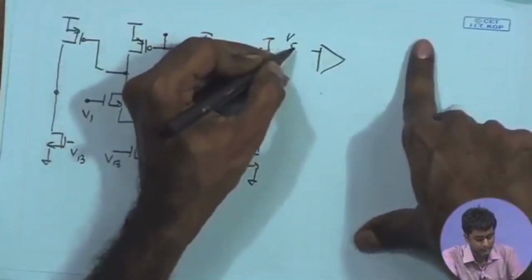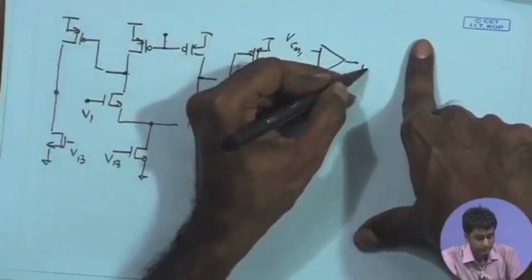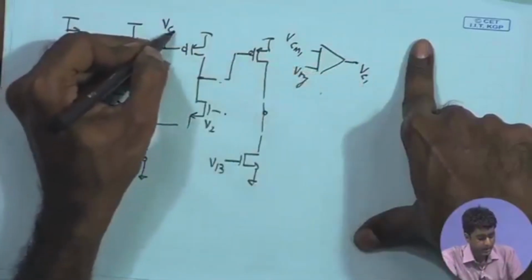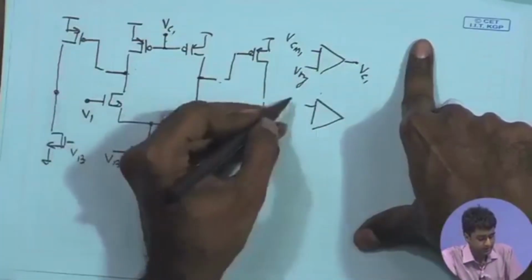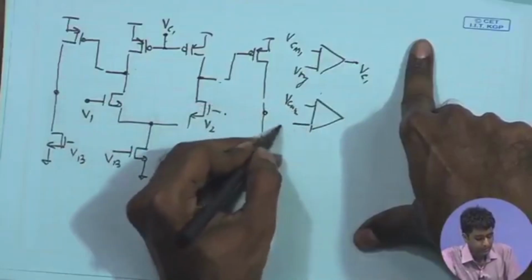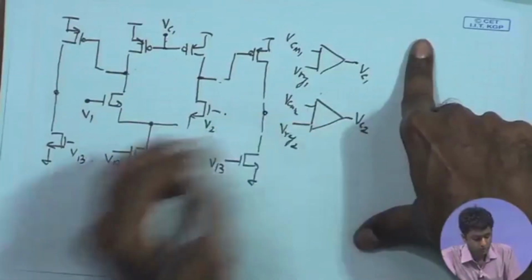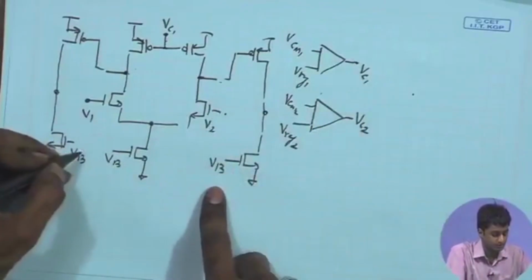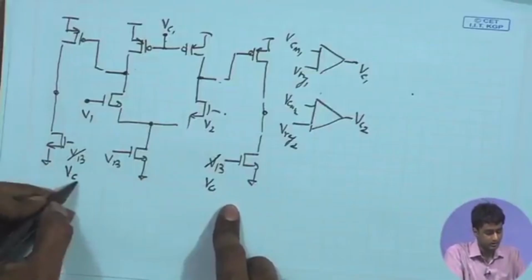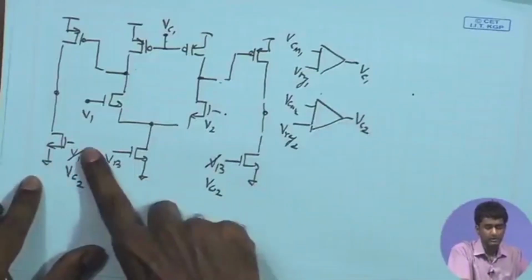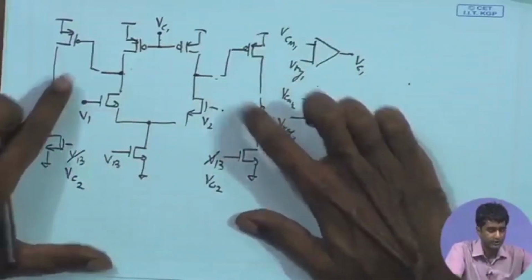So, I will say VCM of the first stage compared with Vref, and then provide the control signal VC1, and then use another one to get the VCM of the second stage, call it VCM2, and the Vref can be different, Vref2, and provide another control voltage VC2 to control the gate voltages over here. So, rather than fixing them, you apply another gate voltage VC2, which is coming from the error amplifier. So, in that case, I can control the two DC bias points for the output stage and the first stage separately and safely.